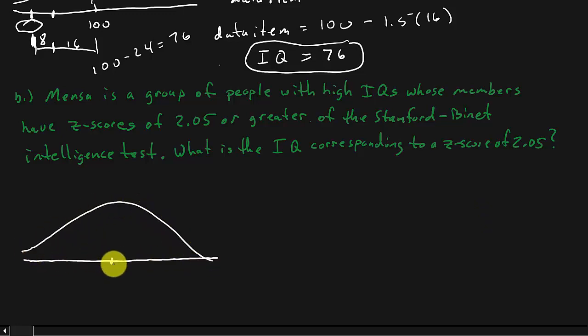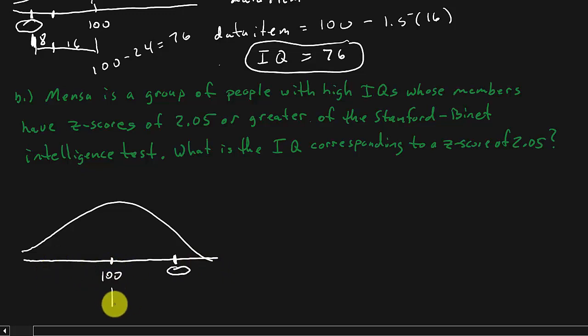I know the mean is 0, and we're coming out here to 2.05, and remember, we know it's over here to the right because the z-score is positive. Remember, if we have a positive z-score, it's above the mean. If we have a negative z-score, it's below the mean.